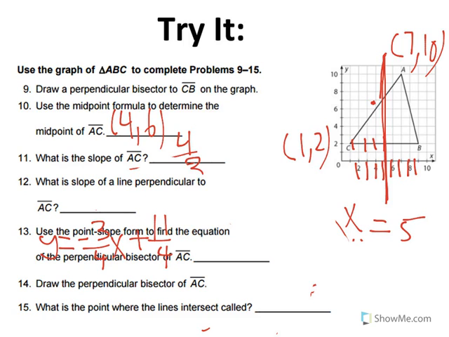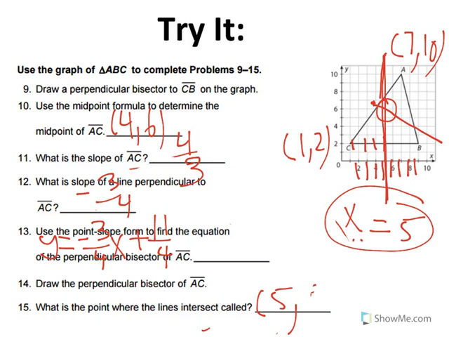We said this is 4 over 3, so this is negative 3 over 4. And for number 14, draw the perpendicular bisector of AC. So let me do a rough sketch. We have something like this. Okay, so what is the point where the lines intersect? So we say that this is x here, so they intersect at this point there. Okay, so that would be (5, 6).